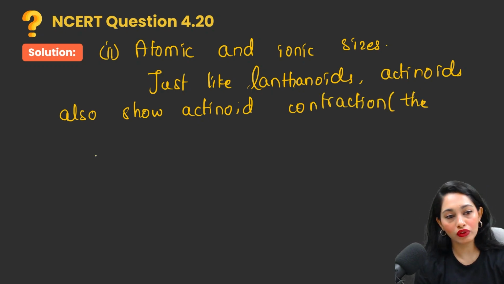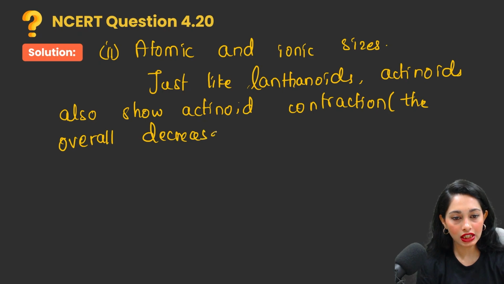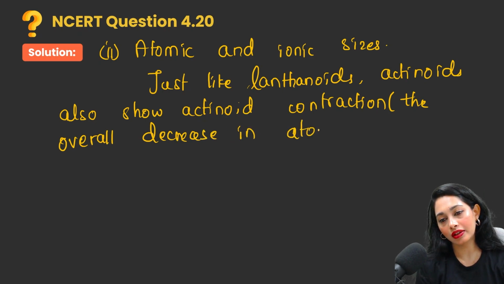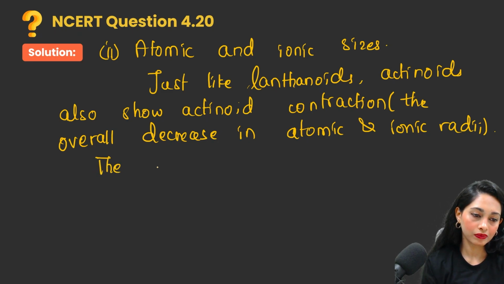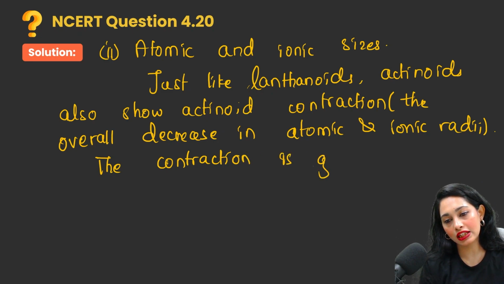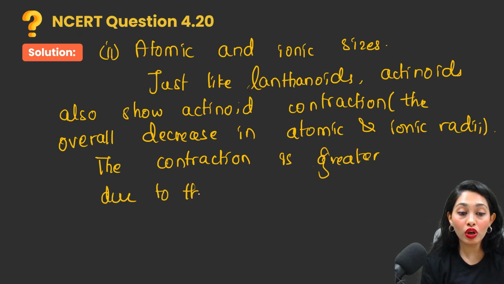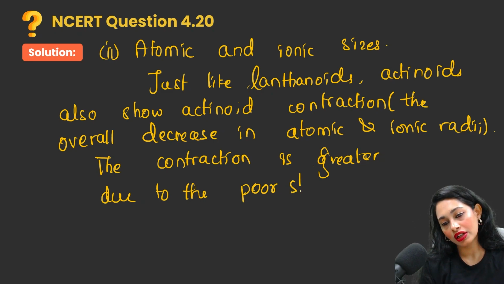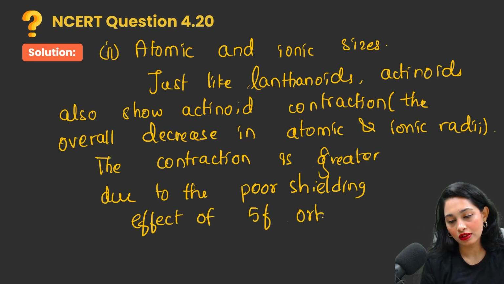It is the overall decrease in atomic and ionic radii. So the contraction is greater due to the poor shielding effect of 5f orbitals.